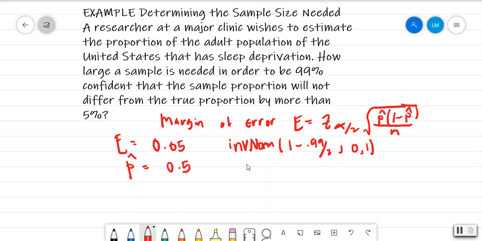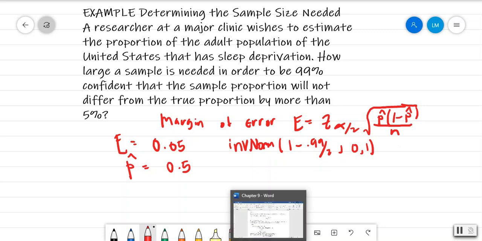And we have the area is going to be 1 minus 0.99 divided by 2. And then we just go from there. Okay, so I got the z-score that corresponds to this, may not be right, but let's see.